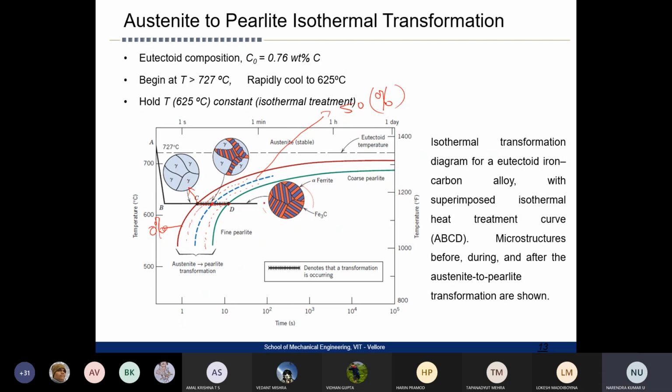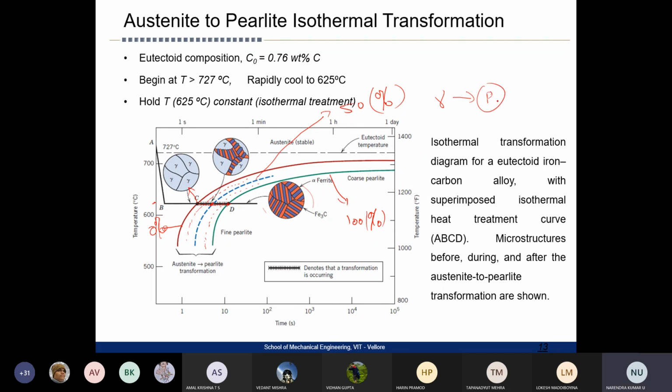Once this is done completely and it crosses this 100% line, that is the 100% transformation line, although the sample is around this temperature, the conversion is complete. Austenite has completed to pearlite. Then there is no transformation.